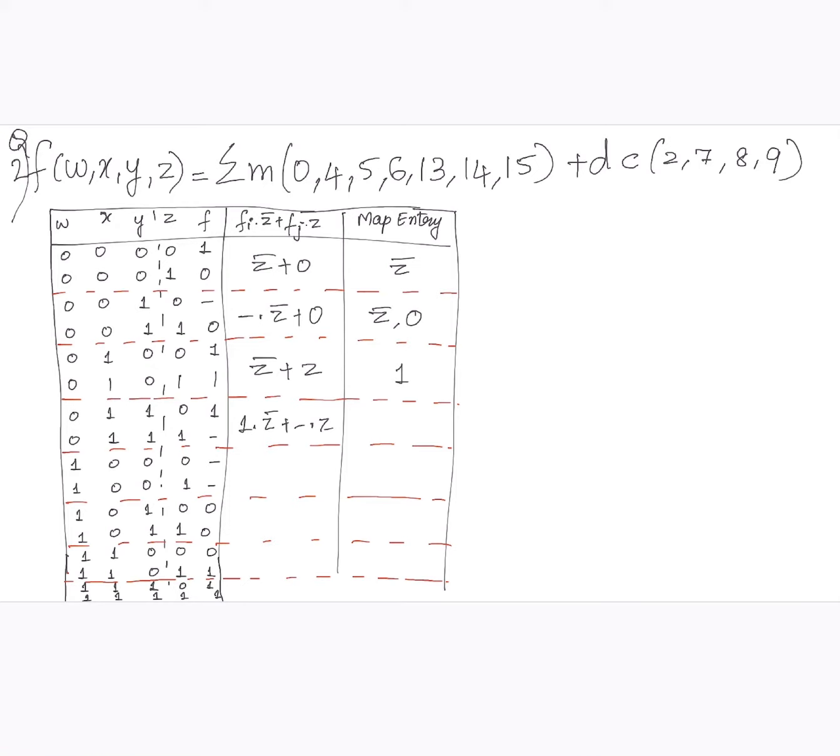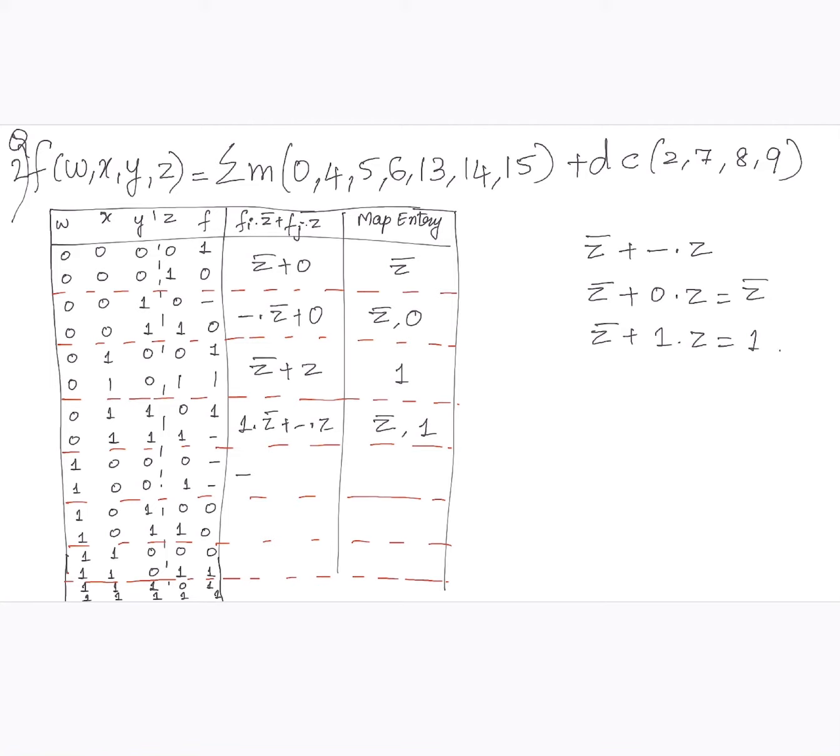So 1 into z bar means z bar, plus dash into z. So this will be z bar plus 0 into z, or z bar plus 1 into z, so z bar plus z equal to 1. So the values will be z bar comma 1.